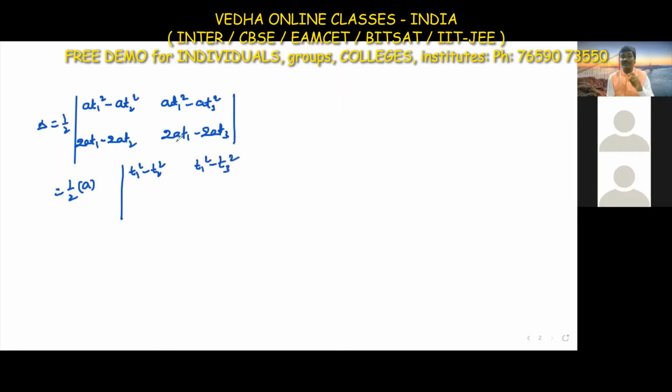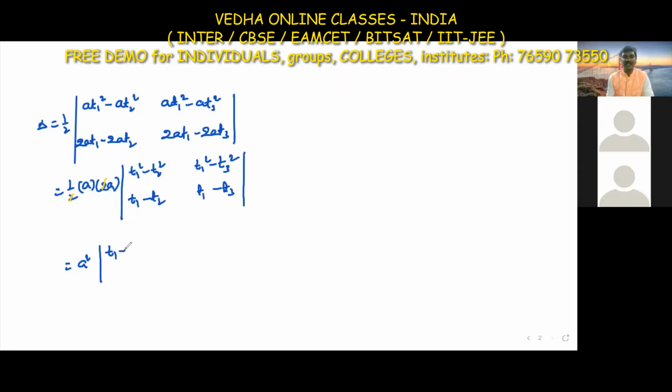Now observe the second row. In the second row 2a is common. If we take 2a common, then we get t1 minus t2 and t1 minus t3. Now we can cancel the 2 and 2, and we get a into a, which is a square, outside. Here apply the a square minus b square formula, which is (a plus b)(a minus b).